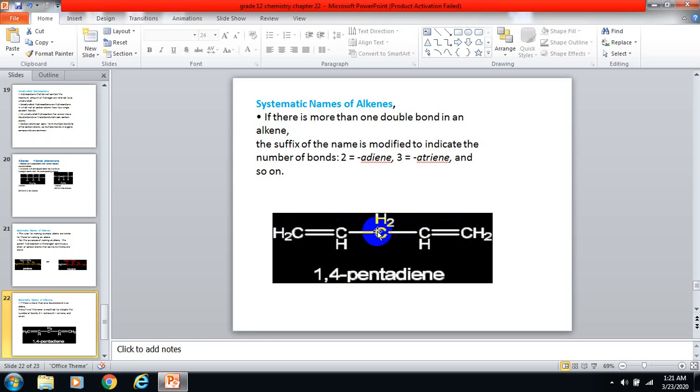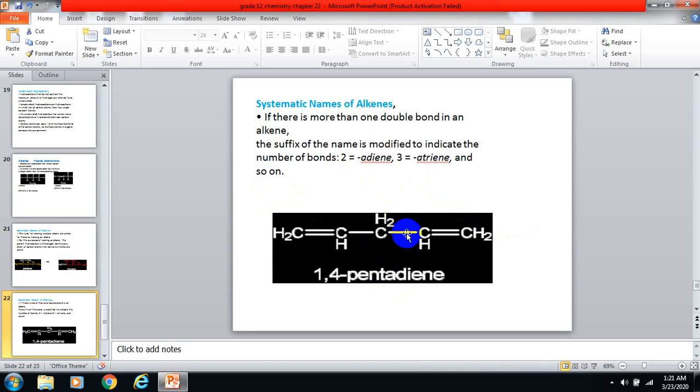So penta, but the double bonds are at the 1st and at the 4th position. That's why we call it 1,4-pentadiene, because we have two double bonds.